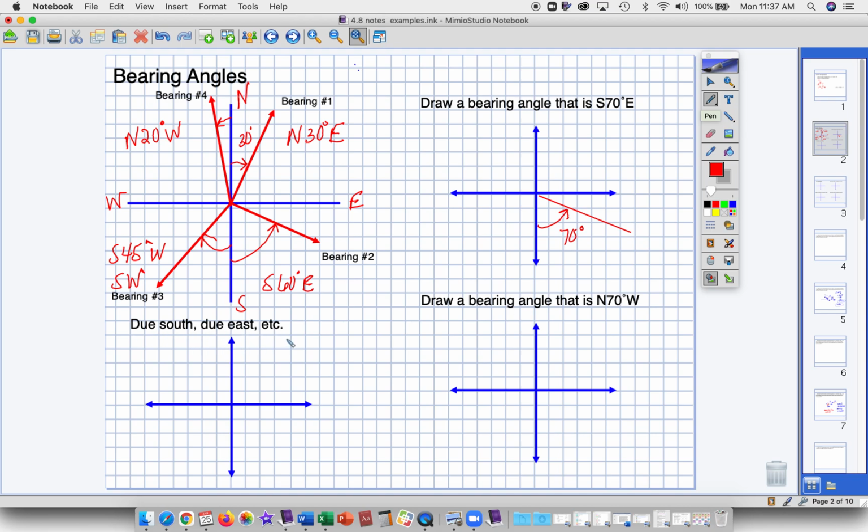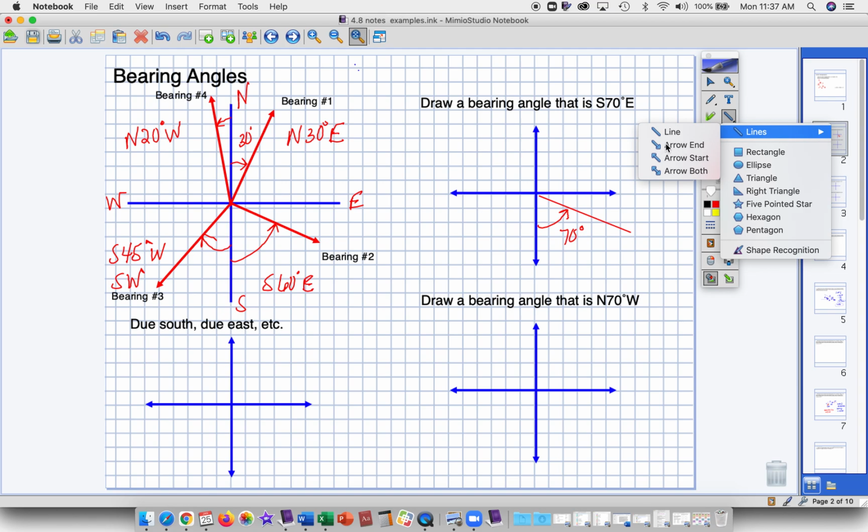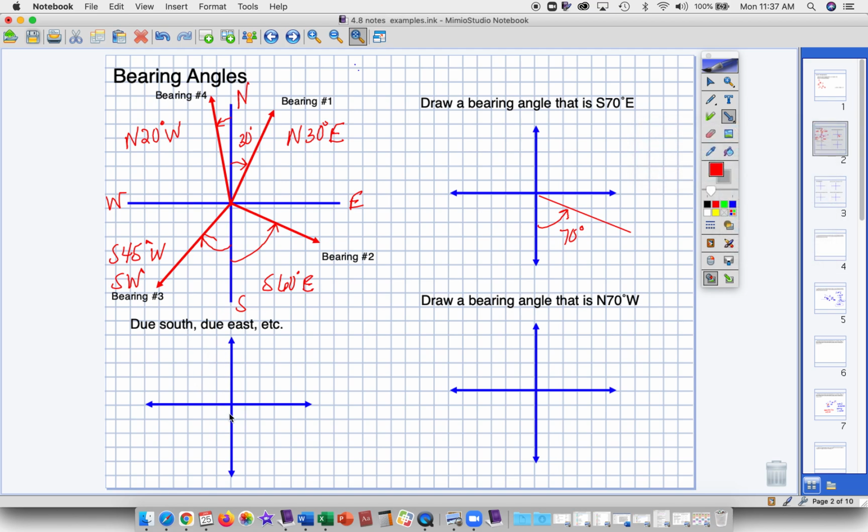Here's the due south, due east, etc. Due south would mean straight down. Due east, over to the right.